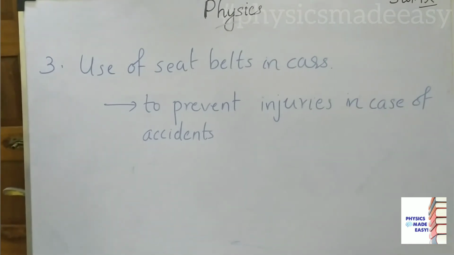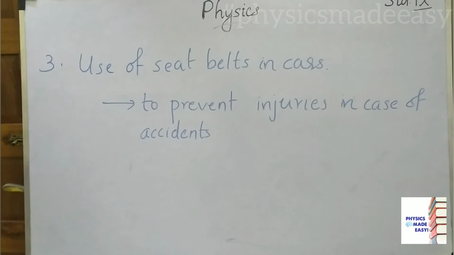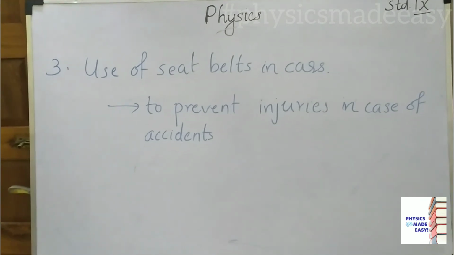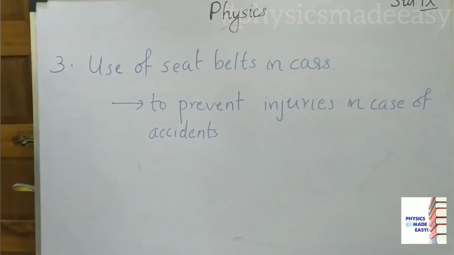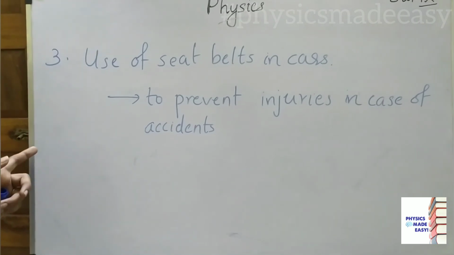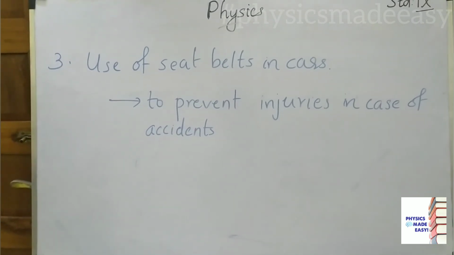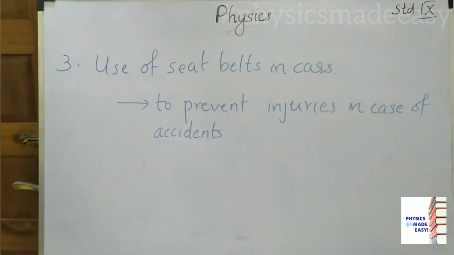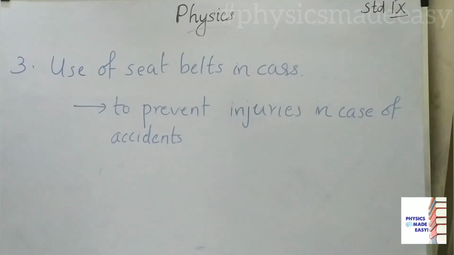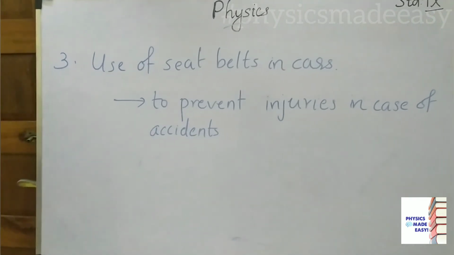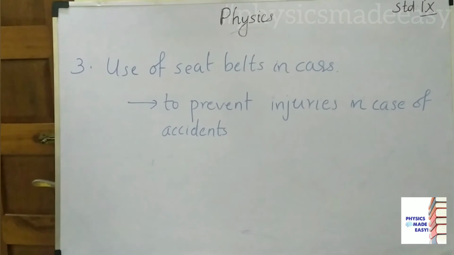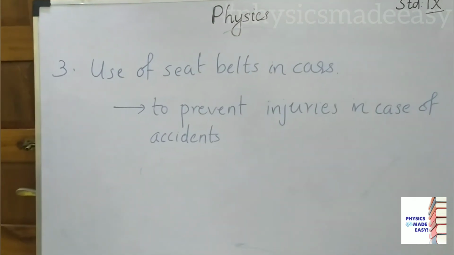That means the effect of force will be reduced. So for avoiding all these injuries, you have to use the seat belts in cars. So in everyday life we can find examples for Newton's second law of motion. Okay children, next class we will do some numericals based on Newton's second law of motion.